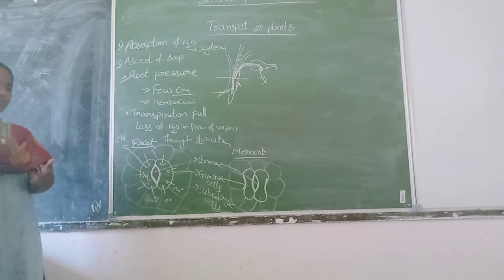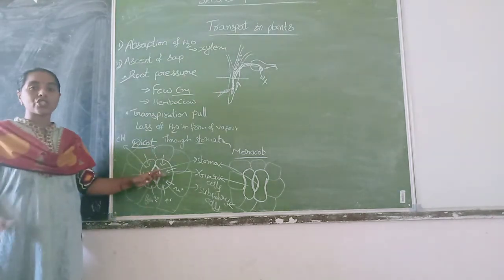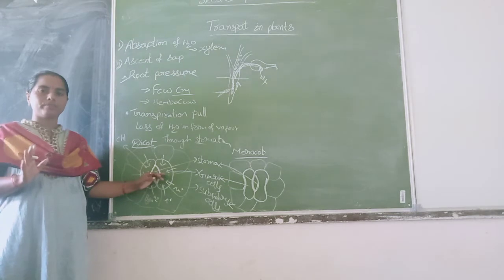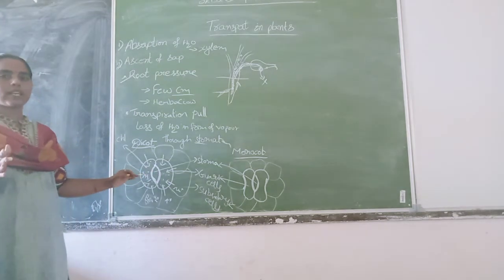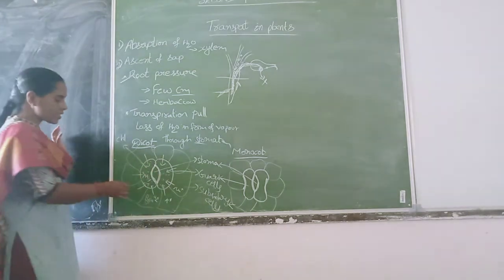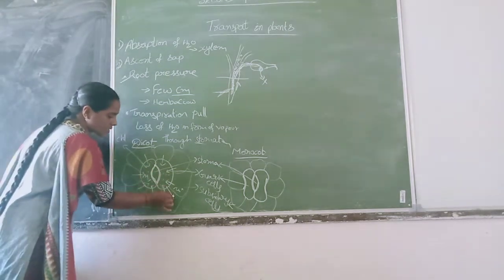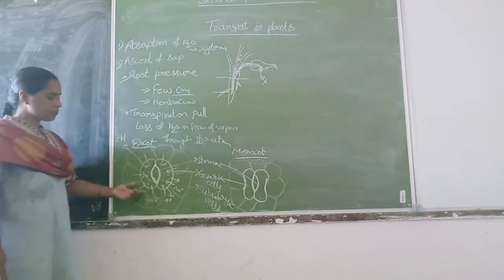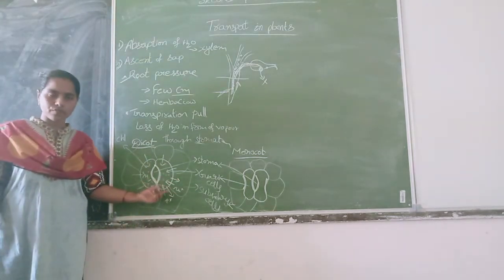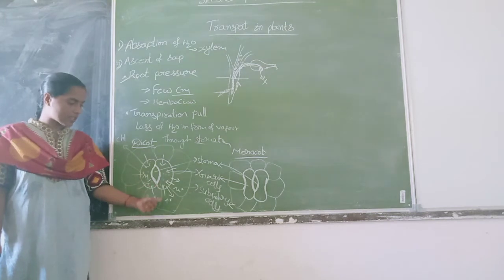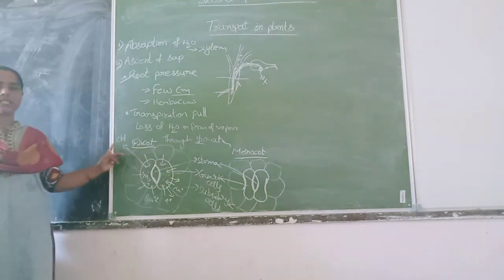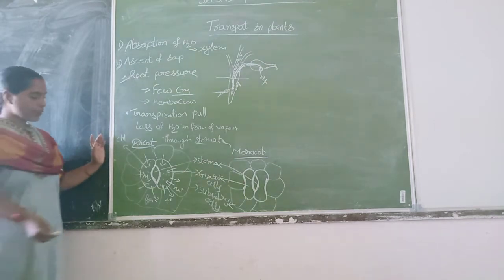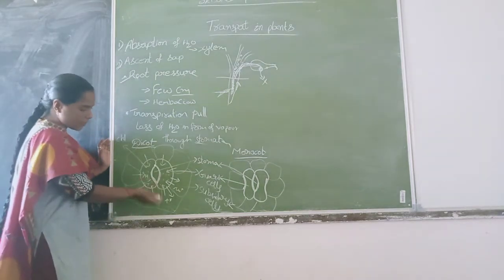Whenever it wants to stop the transpiration, it means the plant wants to save the water. To stop transpiration, in such a case, this process will be reversed. Sodium and potassium ions which entered into this guard cell will be returned back to the subsidiary cells. So automatically the concentrations will change.